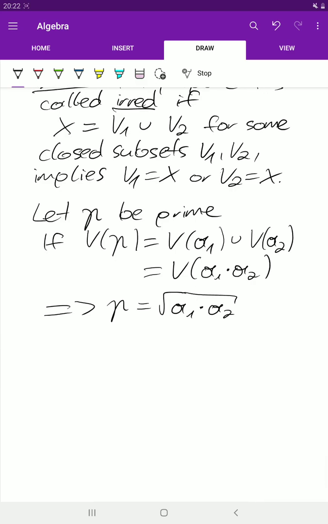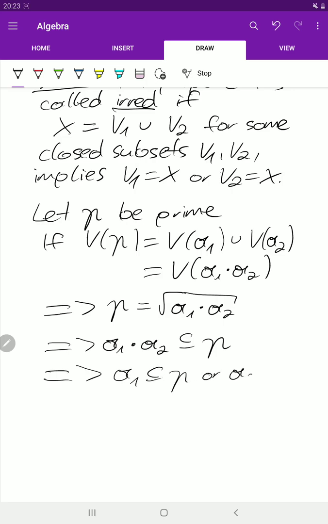Okay, we also know now that A1 times A2 is a subset of P, and then we get that A1 is a subset of P, or A2 is a subset of P. So if not, then we can take from both sets an element, multiply them together, and they are in P, and both are not in P. That's a contradiction to P being a prime ideal. So that's that.